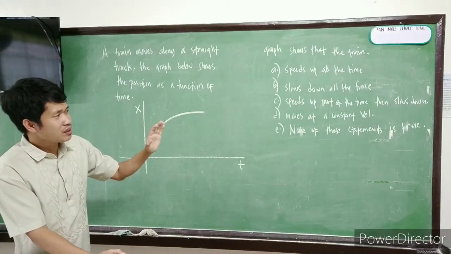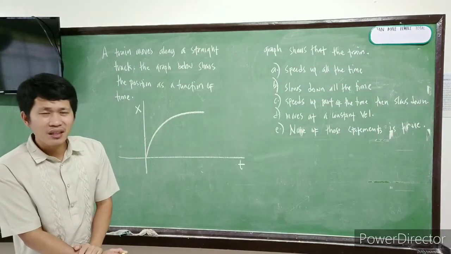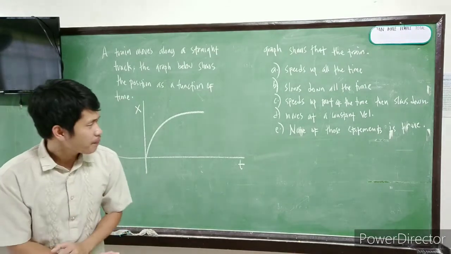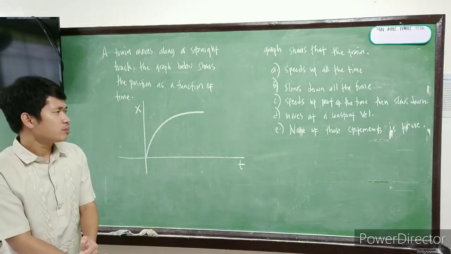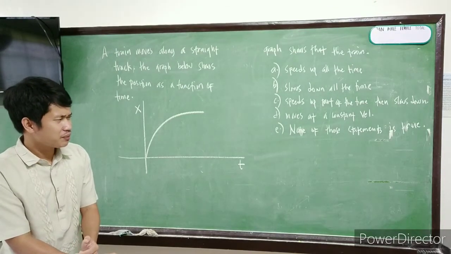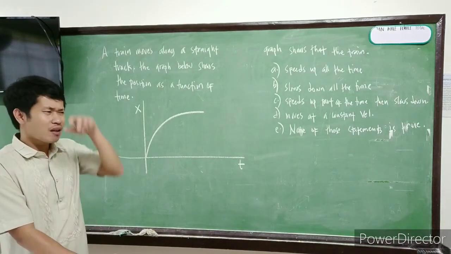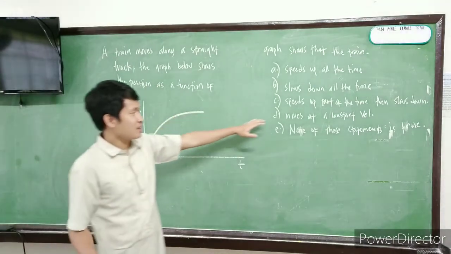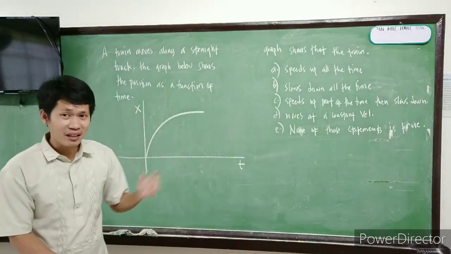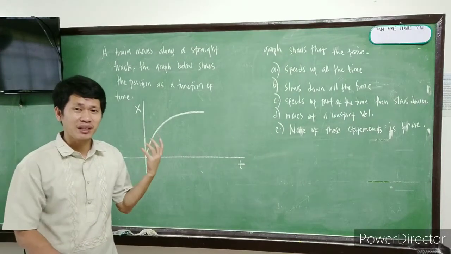Letter B, slows down all the time. Letter C, speeds up part of the time then slows down part of the time. Letter D, moves at a constant velocity. Or letter E, none of these statements is true. Syempre, hindi na kaagad yan letter D kasi moves at a constant velocity. Straight line yan kapag constant yung velocity, kagaya nung kanina, di ba?